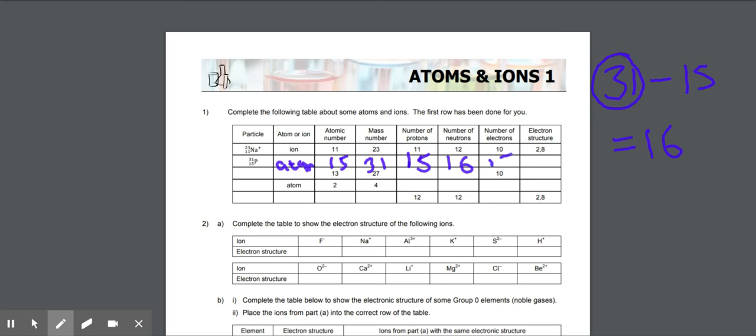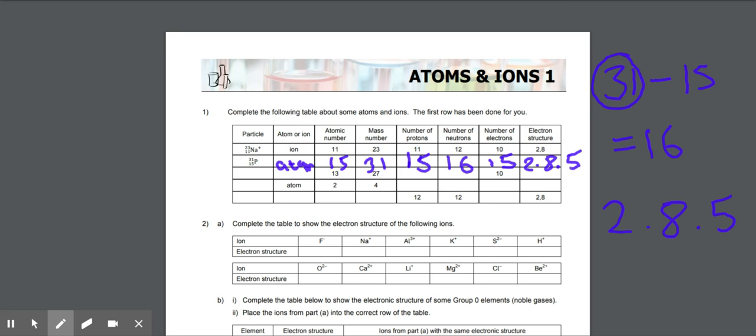So this will be 15 as well. Okay, and for the electronic structure of phosphorus, we need to add up to get to 15. So 2, 8, okay, so that is already 10, and then 5. So the electronic structure for phosphorus would be 2, 8, 5.